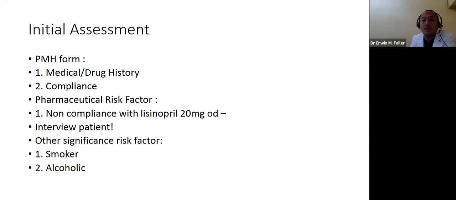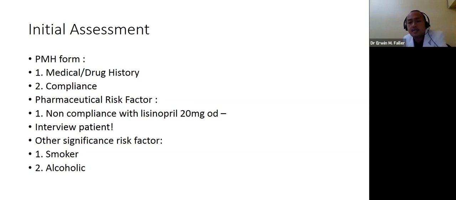Now, first of all, you need to have an initial assessment. You need to know first what the past medical history and the past medication history are. Is the patient compliant with the medication? What are the risk factors? As we all know, the risk factors are: first, the patient is non-compliant with the drug lisinopril 20 milligram OD.